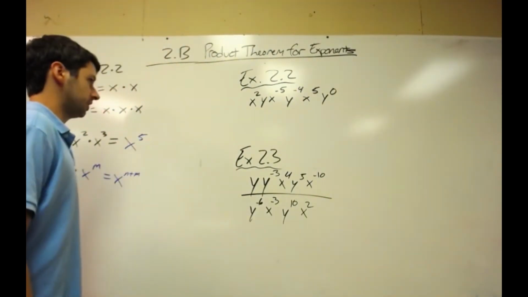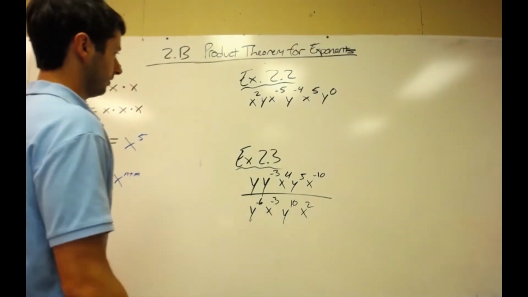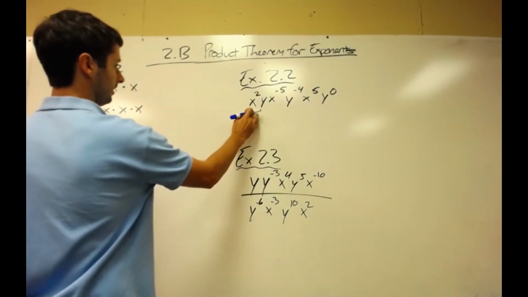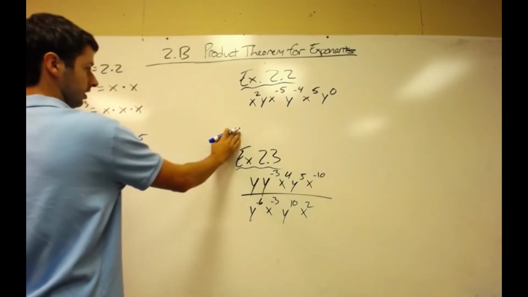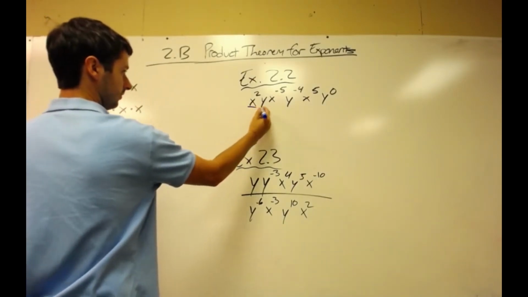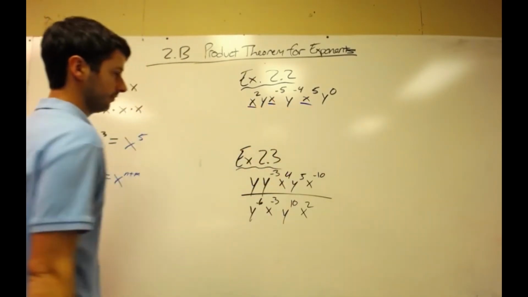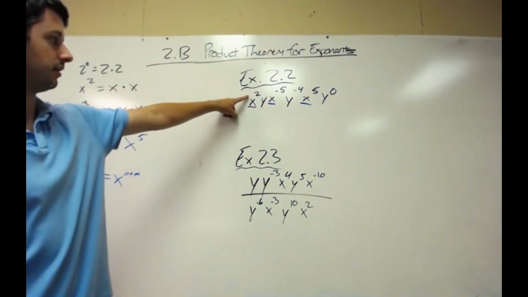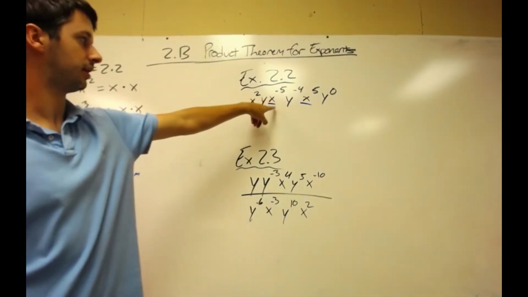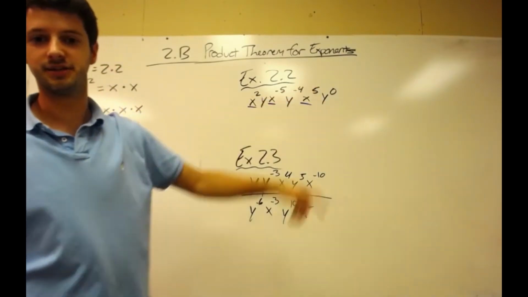When solving for these, we're simplifying. I find the x variables, x here, and x here. This one is x squared, x to the negative 5th, and x to the positive 5th.